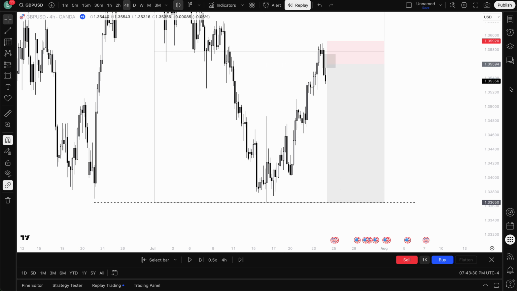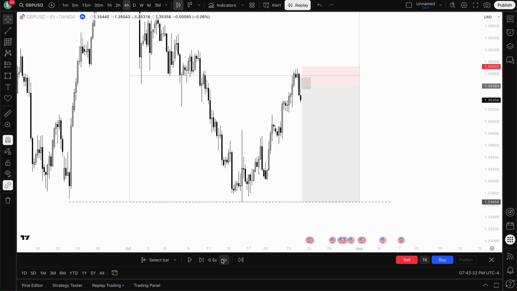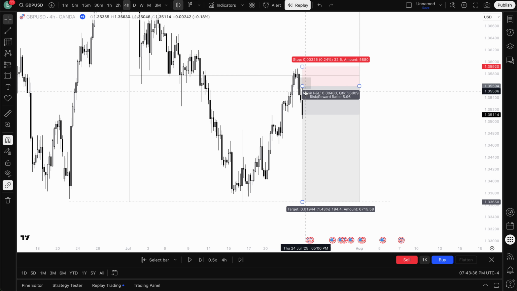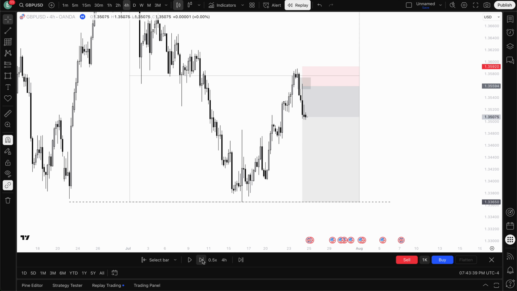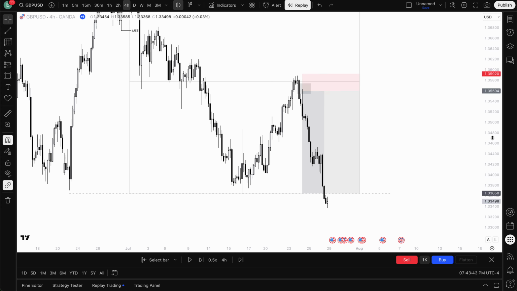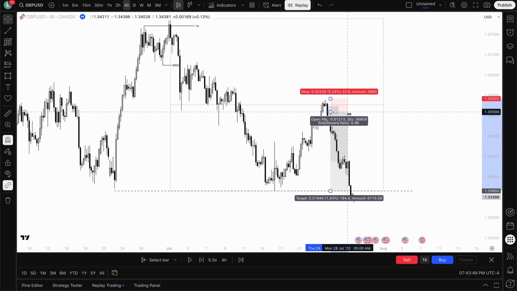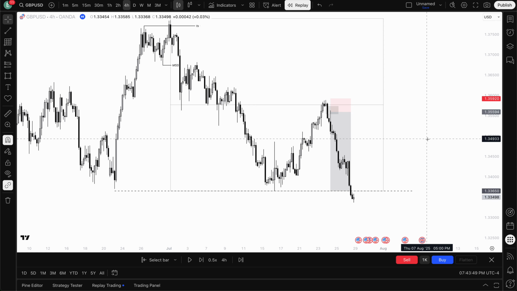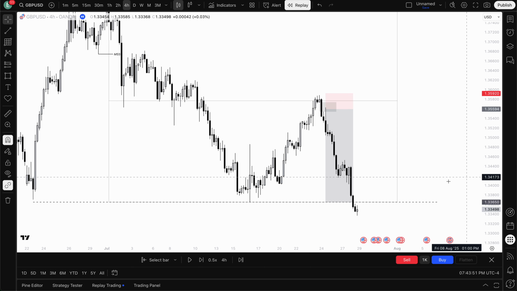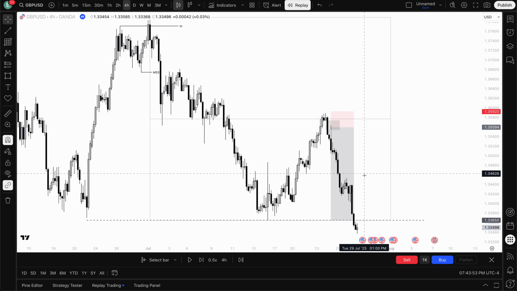And that's exactly what happens. You get tapped into the trade, fair value gap, and oh, look at that, we attack the low. Imagine this was a 1 minute chart. This is what I'm trying to get at here. This is how you would trade a 1 minute chart.